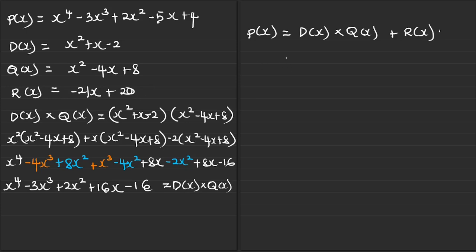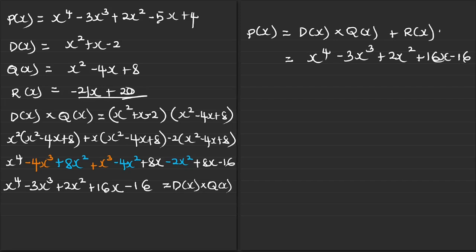So we have our d of x times k of x, which is x to the 4th minus 3x cubed plus 2x squared plus 16x minus 16. Then plus our r of x.